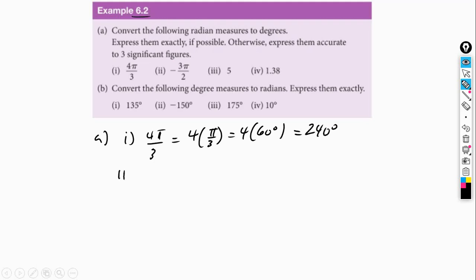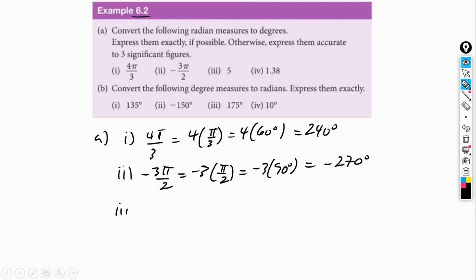For number 2, they have minus 3 pi halves. Again, this is the same as minus 3 times pi halves. And we said that pi halves is 90 degrees, so this is minus 3 times 90 degrees, or negative 270 degrees.